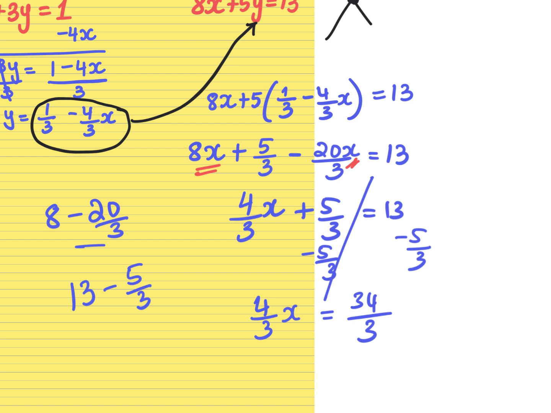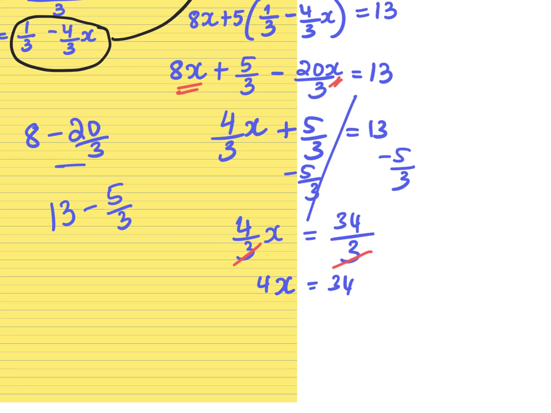When you have the same denominators on both sides of the equation, you can simply cancel them out. So you have 4x equals 34 divided by 4. So what do I get? x is 8.5.